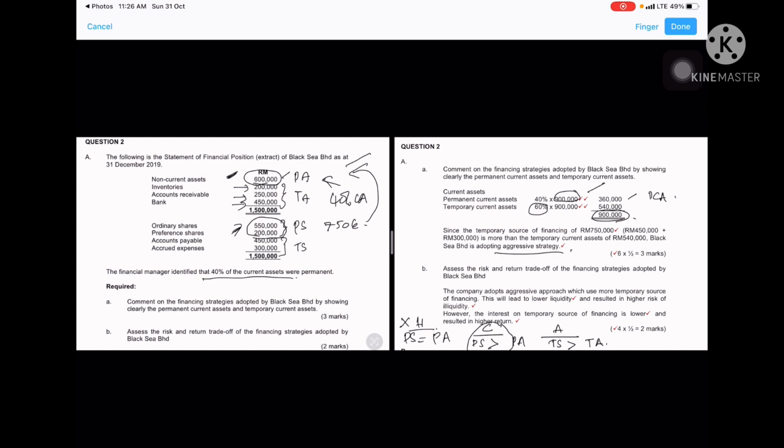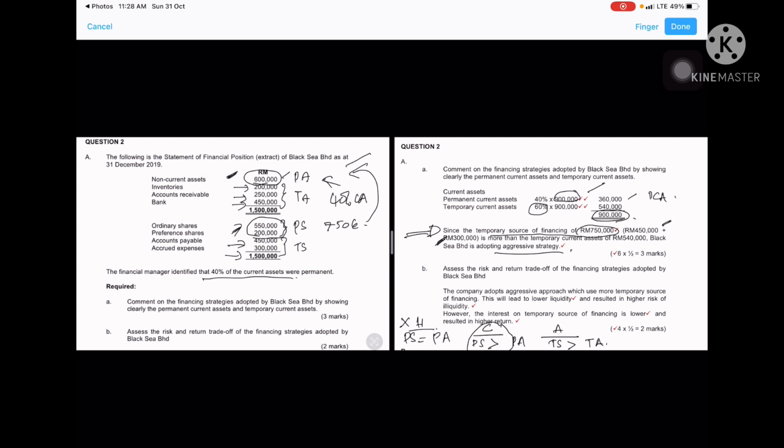We can also see this according to another part of the answer. The temporary sources of financing is 750, which is 450,000 for account payable plus 300,000 for accrued expenses.